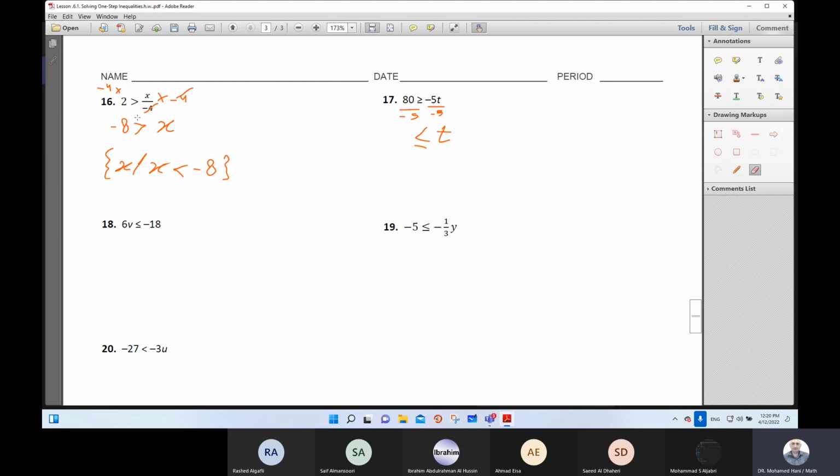And here the same idea. When you multiply by a negative number, switch the direction of the inequality. So x greater than -8. And here, when you divide by the negative, switch the direction. Now, 80 divided by -8 would be -16. So the set of solution, t greater than or equal to -16.